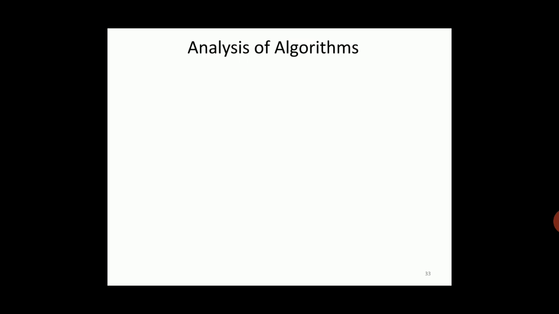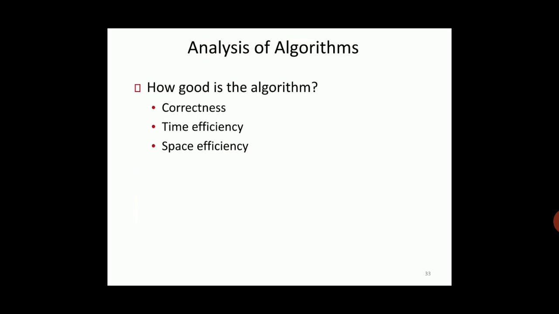If we have to say an algorithm is good, it has to be time efficient, that means the time taken by this algorithm is less. It is space efficient, that means the space complexity of this algorithm is less.